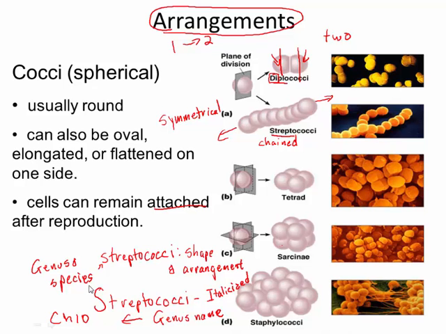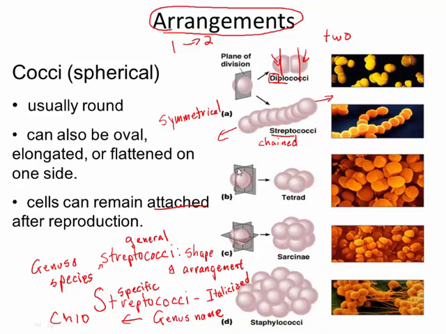Shape and arrangement, streptococci with a lowercase s, is one way to describe bacteria. It's a general way to describe bacteria. But when I use the genus name Streptococci, that's a very specific name for a bacterial species itself. All right? If you have questions on that, please ask me in lab.